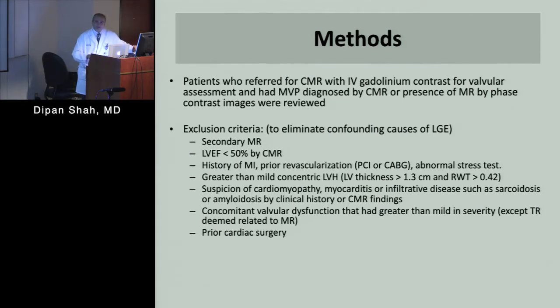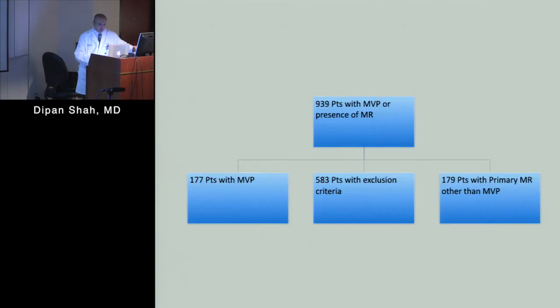Therefore, people with an EF less than 50% we excluded from this analysis. People with a history of MI, prior revascularization, or any abnormal stress test. People with greater than mild LVH, people with a suspicion for cardiomyopathy, myocarditis, or infiltrative disorder, sarcoid, amyloid, anything like that, or people who have other valvular disease other than the mitral valve disease, and obviously people with prior cardiac surgery, because we know that that can also lead to the development of myocardial fibrosis.